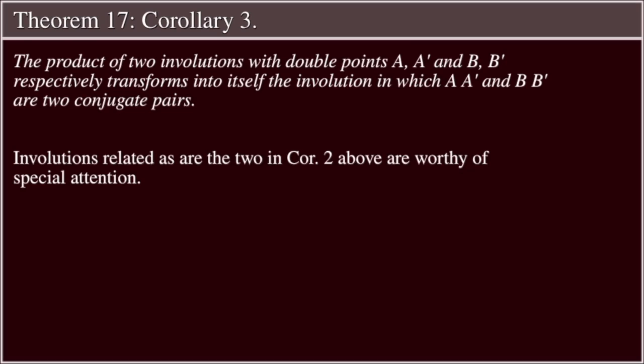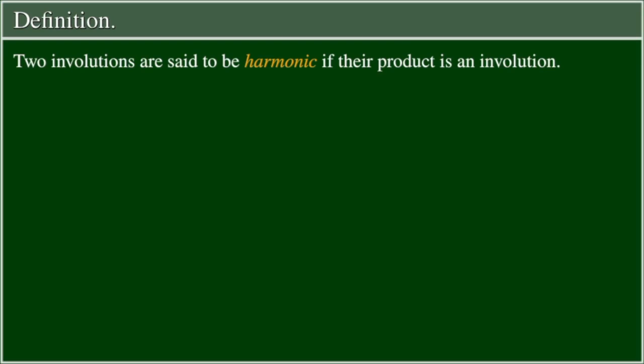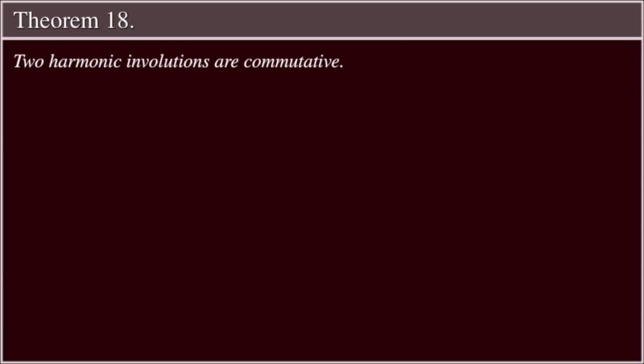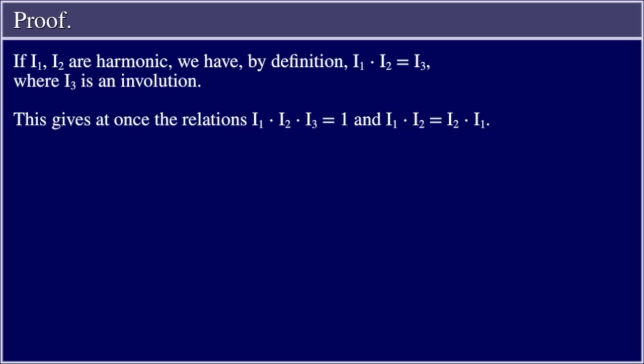Involutions related as are the two in Corollary 2 above are worthy of special attention. Definition. Two involutions are said to be harmonic if their product is an involution. Theorem 18. Two harmonic involutions are commutative. Proof. If ι₁, ι₂ are harmonic, we have by definition ι₁·ι₂ equals ι₃, where ι₃ is an involution.